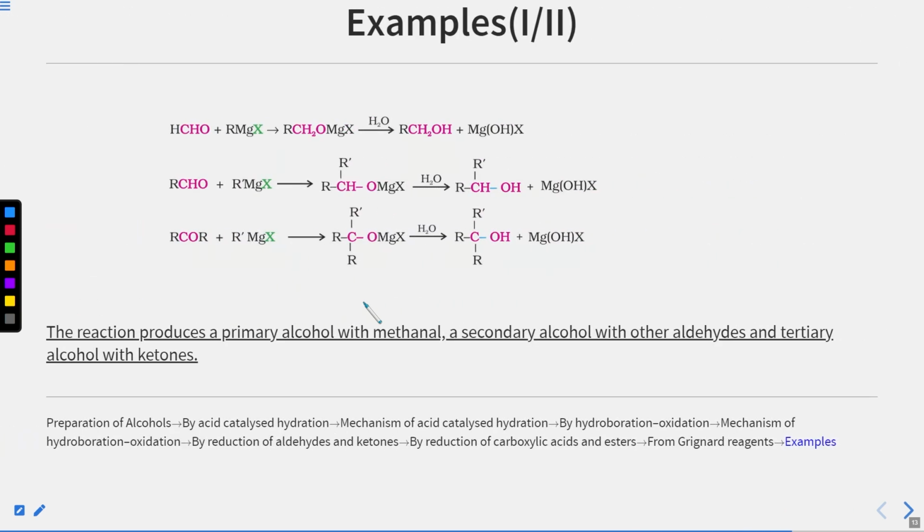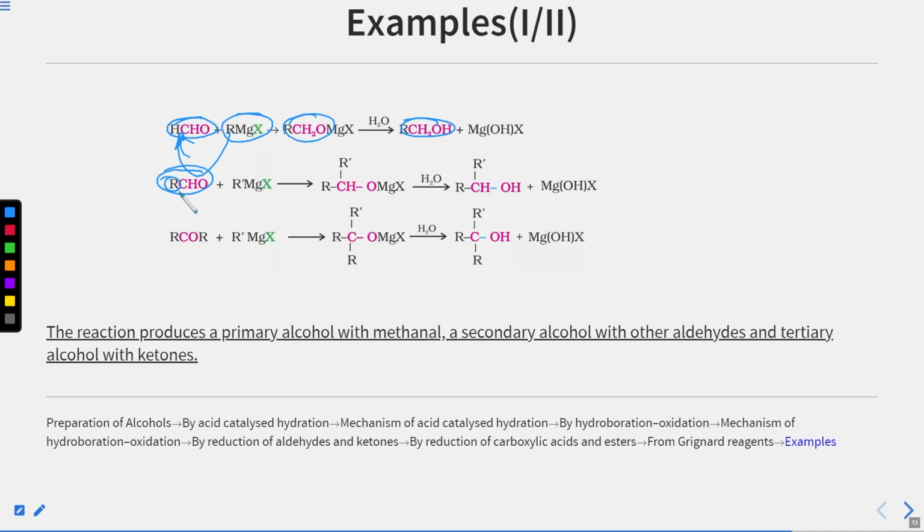So let us look at some examples for Grignard reagent. Suppose we use a simple formaldehyde. Then R attacks this carbon, and we get RCH2OH. Now suppose we use a greater aldehyde, one that has a carbon on the left side.